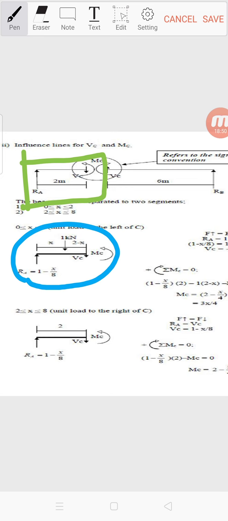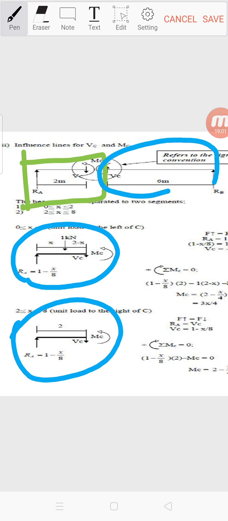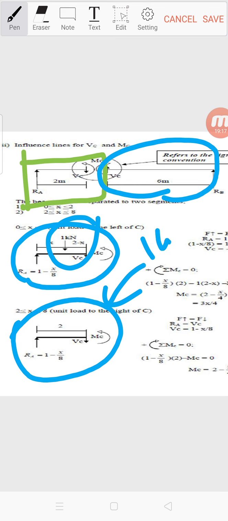The second equation now, we assume that 1 kilonewton is acting on the right beam. That's why you don't see the 1 kilonewton here. Here you have 1 kilonewton, but in the second picture, you don't have the 1 kilonewton, because for this second condition, we assume the 1 kilonewton is acting somewhere here.